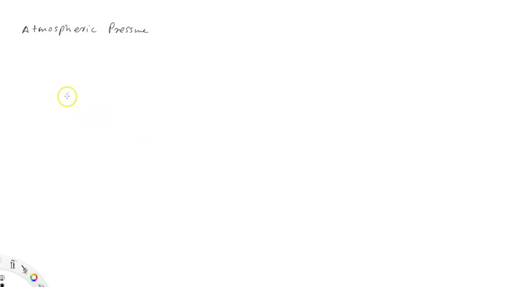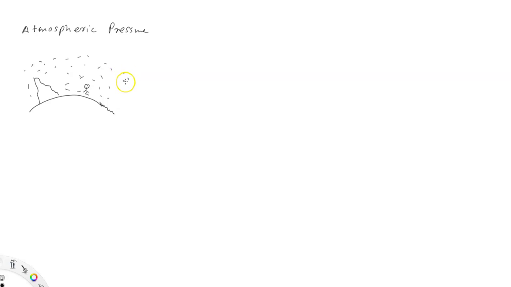If you say this is the surface of the earth, it has this atmosphere, so here's some mountain, here's a person, so there's atmosphere above us everywhere. This is the sea level, ocean.